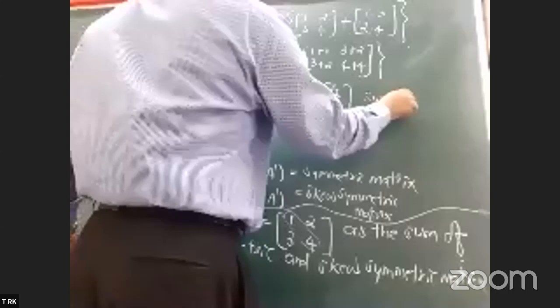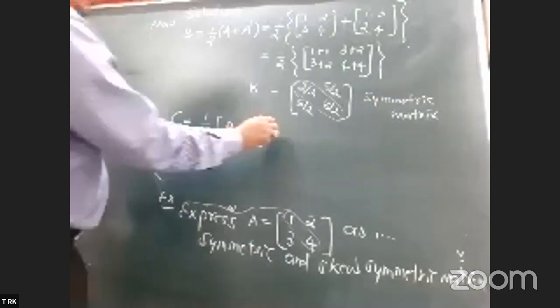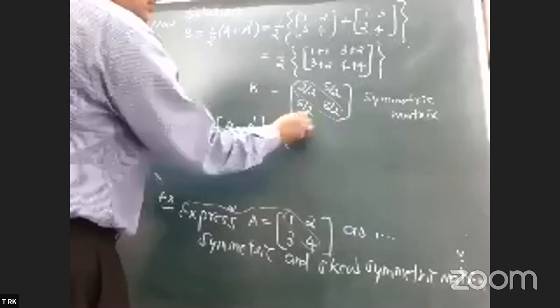C is equal to 1 by 2 into A minus A dash.